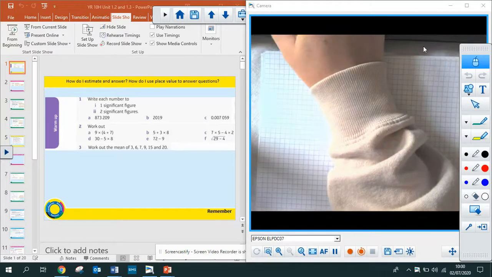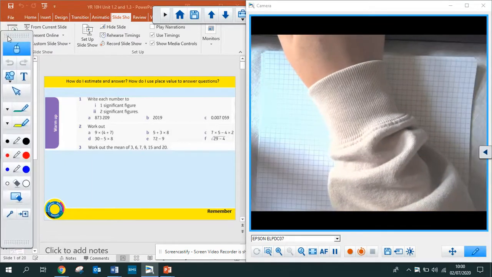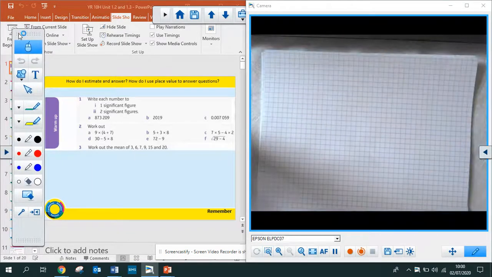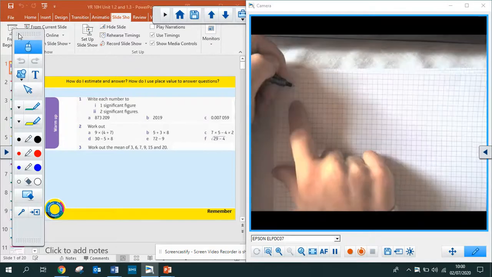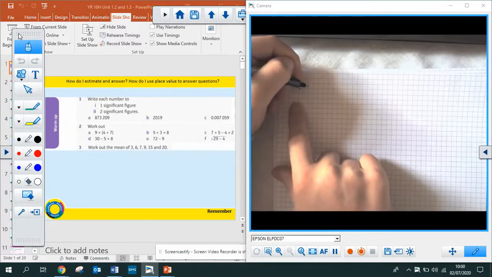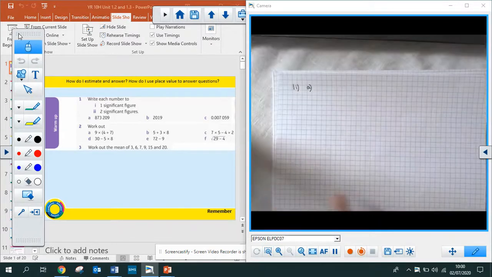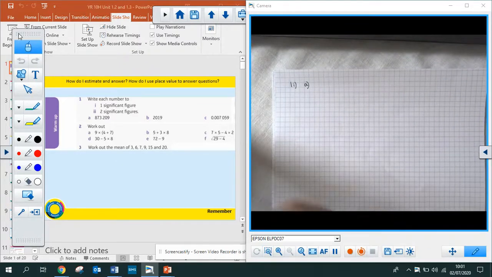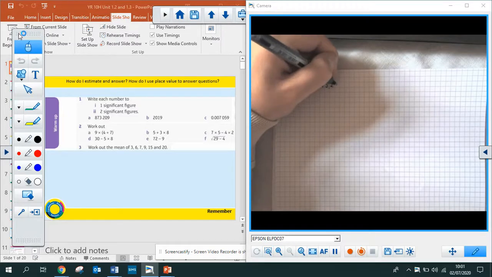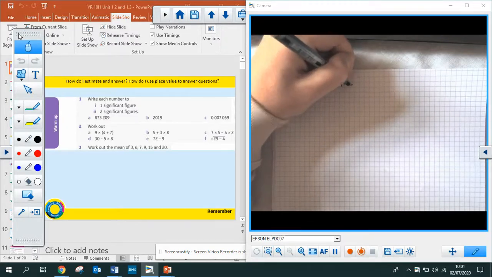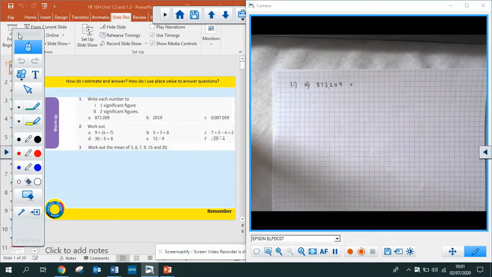Question 1 says write each number to part I, 1 significant figure, and part II, 2 significant figures, okay? So we'll start with all the 1 significant figures. So question 1, part I, and let's do A. So we need to write 873,209 to 1 significant figure, okay? So remember I said you start counting from the first non-zero number.